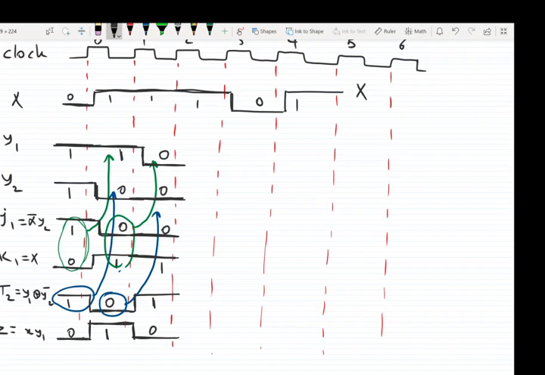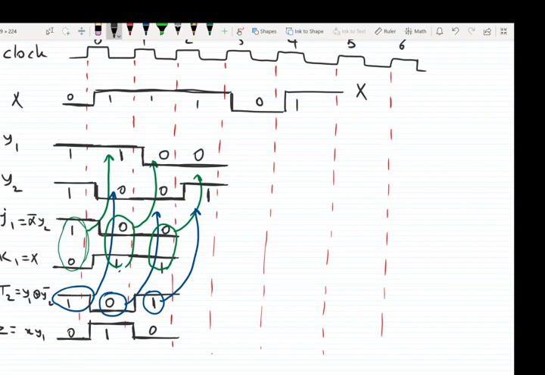Okay, then again we continue the same story. 0 and 1 results in reset, so Y1 is 0, and on the other hand T2 is 1, it means complement, so Y2 will be changed to 1 like this. And now again we continue to find J1.